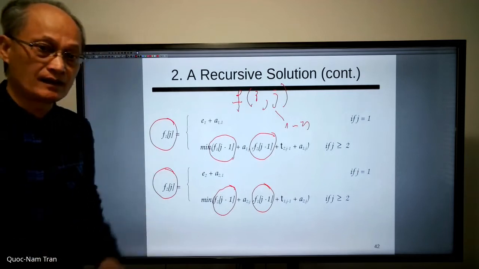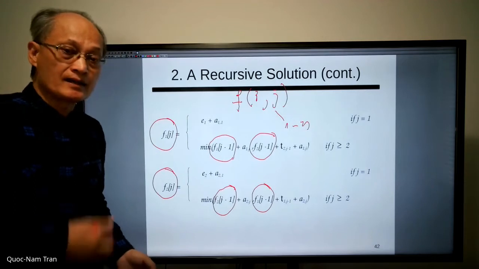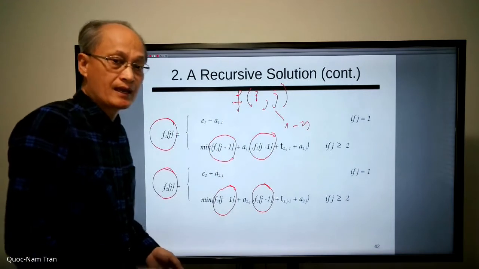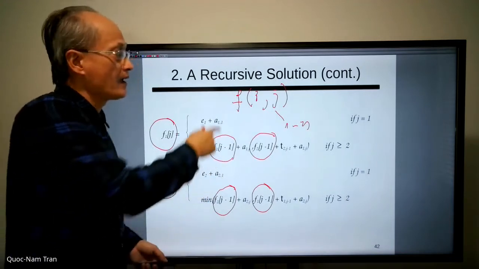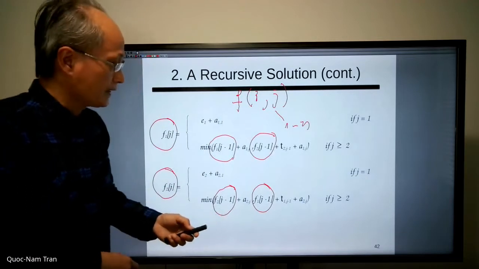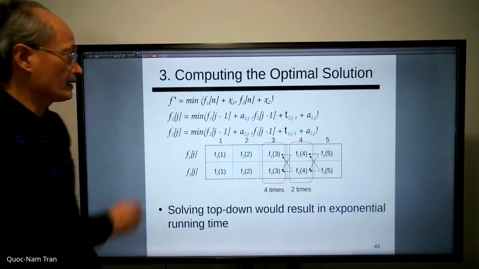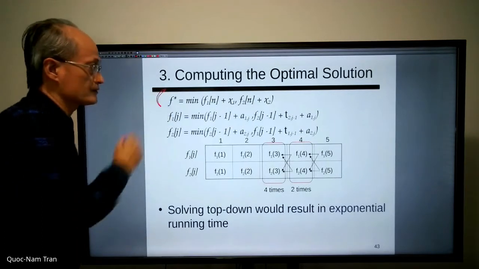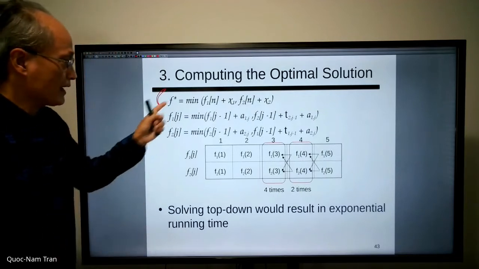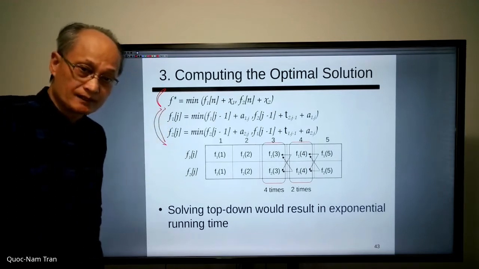And then the result would be F star, that is the mean of F1n plus X1 and F2n plus X2, right? That is what we designed before. F star is the final thing we have to calculate, and F star is based upon our recursive function of Fij, right?